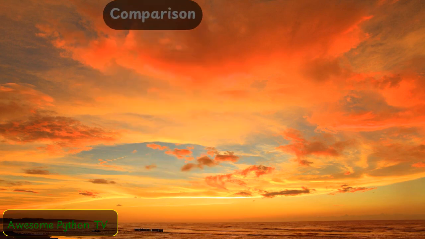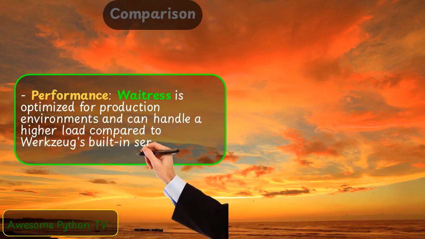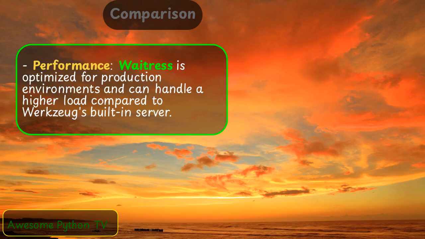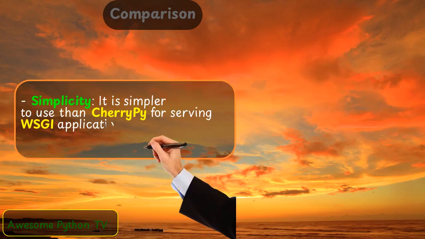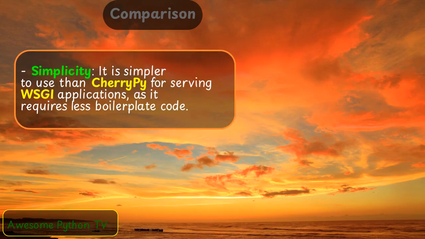Comparison. Performance. Waitress is optimized for production environments and can handle a higher load compared to Werkzeug's built-in server. Simplicity. It is simpler to use than CherryPy for serving WSGI applications, as it requires less boilerplate code.